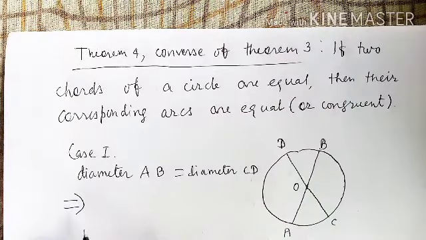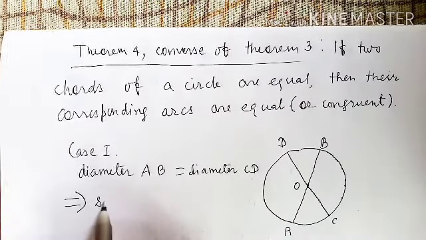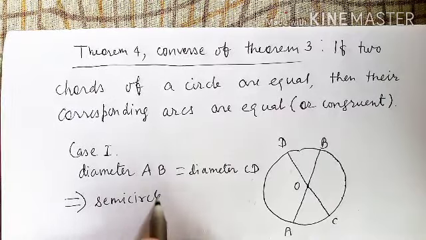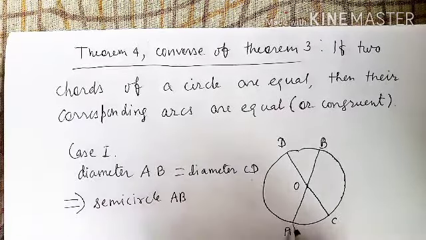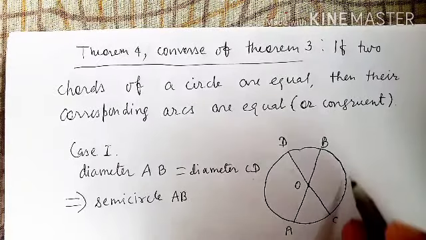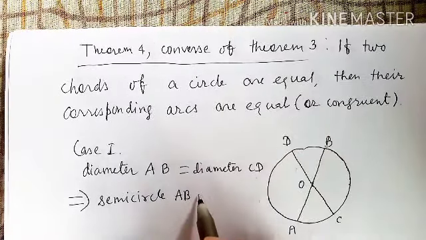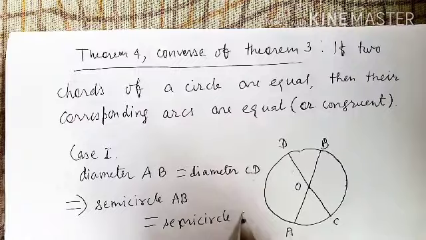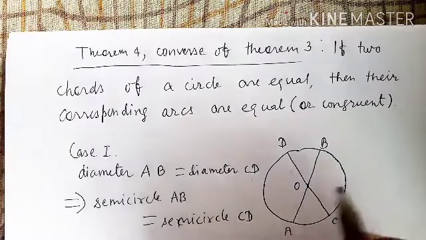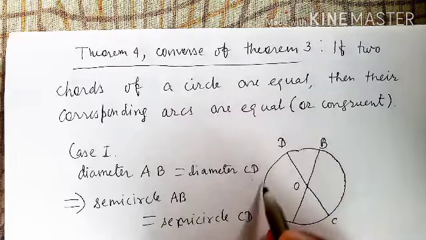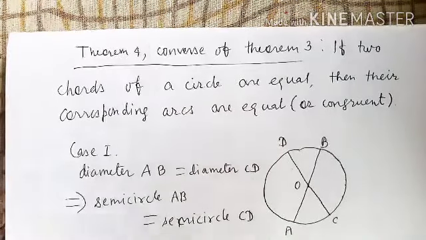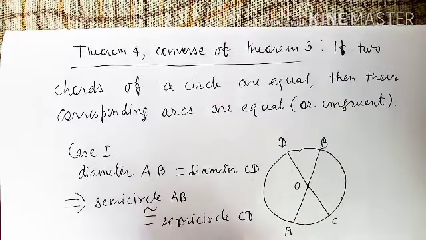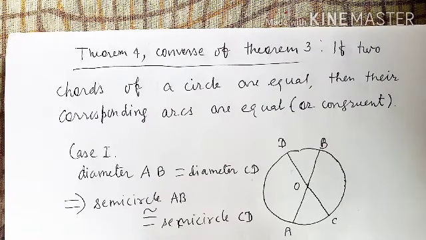We have to prove semicircle AB, this semicircle, is equal to semicircle CD, this semicircle. We have to make these two semicircles congruent. You know, for making two arcs congruent, we have to make the central angles equal.